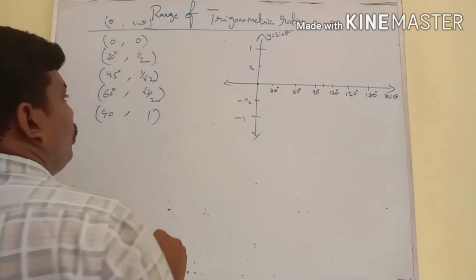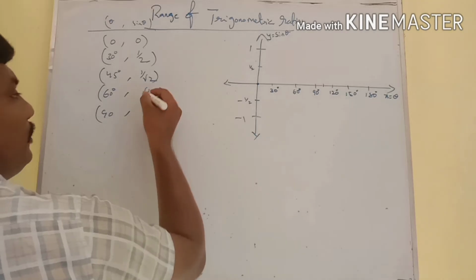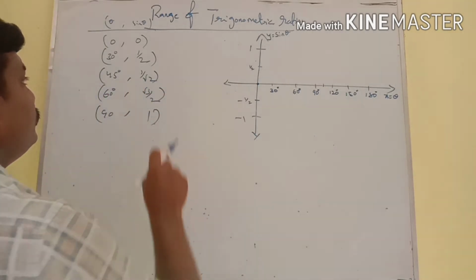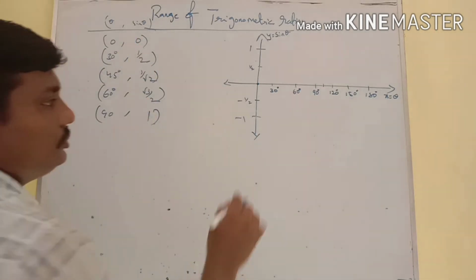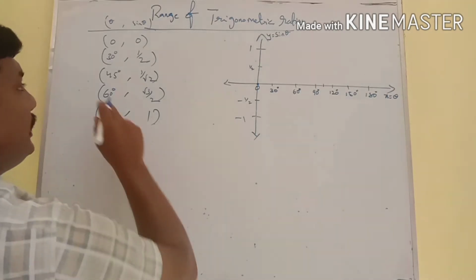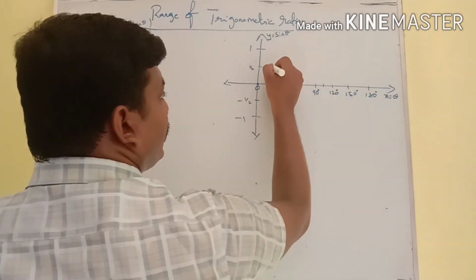Now let us see the values. Sin 0 value is 0. Sin 30 I have taken as 1 by 2.